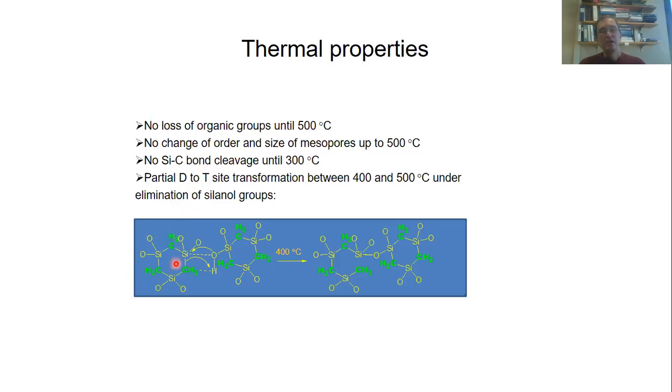So here is actually how this process happens. You see here two 3-ring molecules, and you see that one carries a silanol group, and that silanol group can now interact with a silicon in a CH3 group.